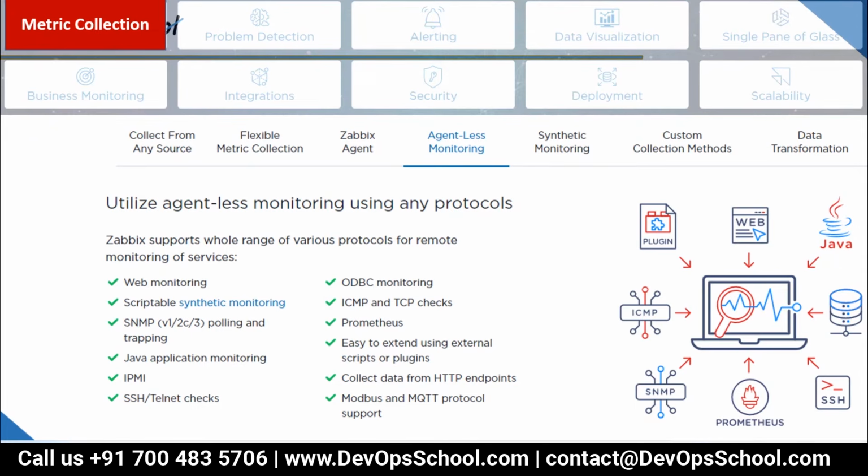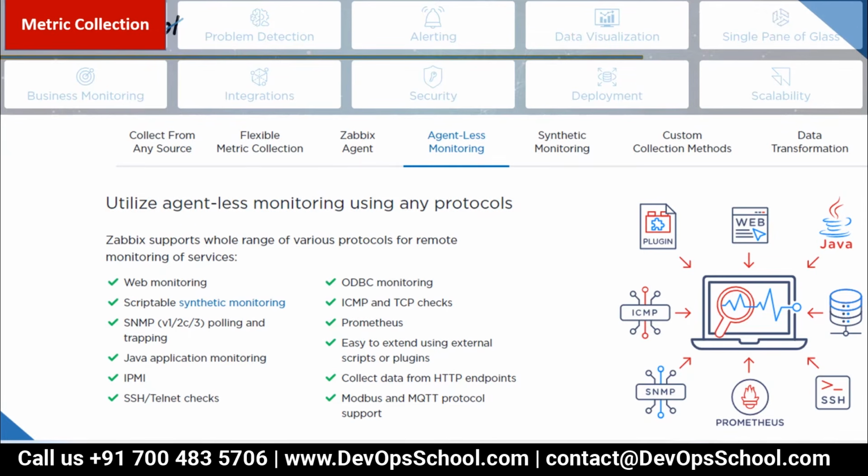You can collect the metrics and store them in the Zabbix server using agentless methods, such as web monitoring, some scripts like synthetic monitoring, SNMP, Java application monitoring, IPMI, SSH, telnet checks, ODBC monitoring, ICMP, TCP checks, Prometheus, also easy to extend using external scripts or plugins, collect data from HTTP endpoints and many more.